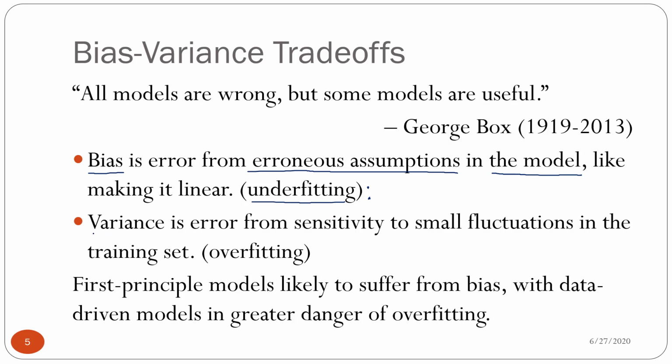Now what is the variance? Variance is kind of opposite to bias. In case of variance, what happens is that when you train your model too much, to the extent that the model has even learned some noise in your data set, that will result in variance.